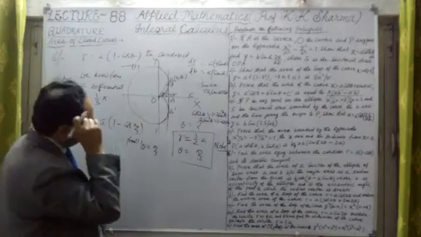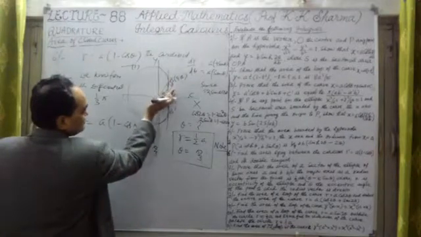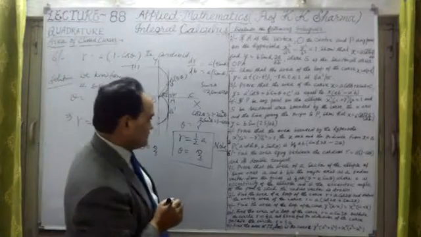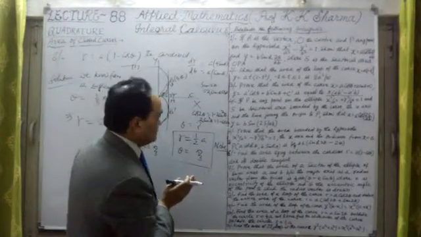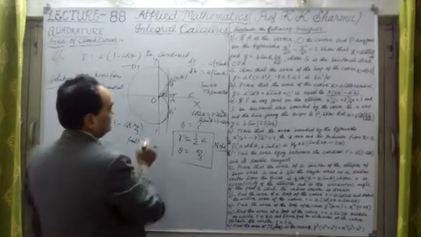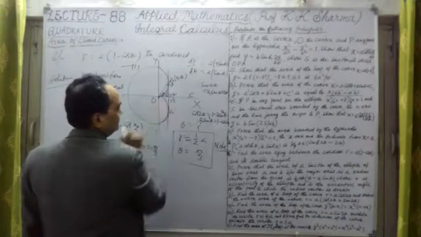So what is the area here between the triangle and the cardioid? This is the in-between area. You have to find out the area lying between the cardioid and its double tangents. This is the shaded portion here which we have to find out.